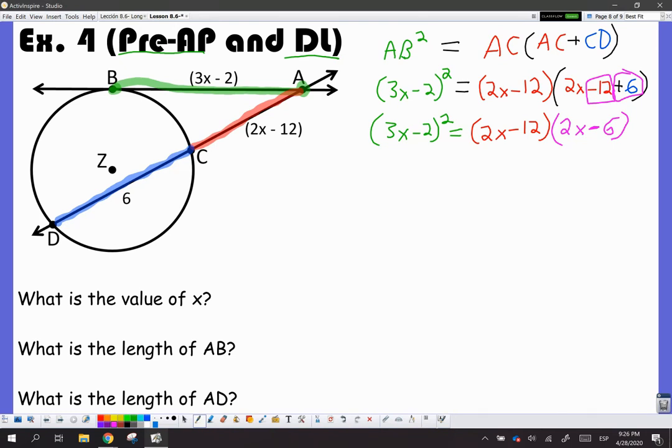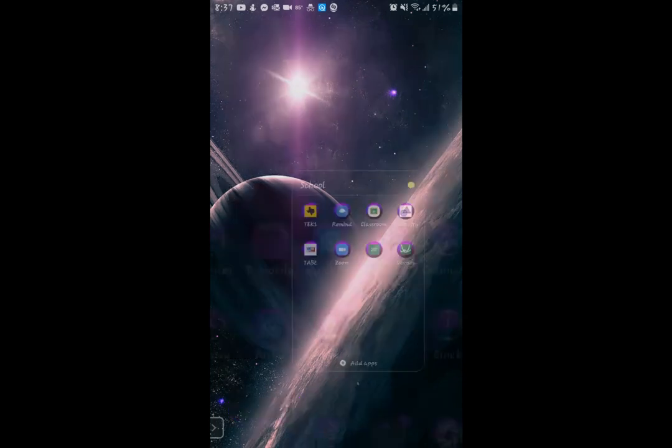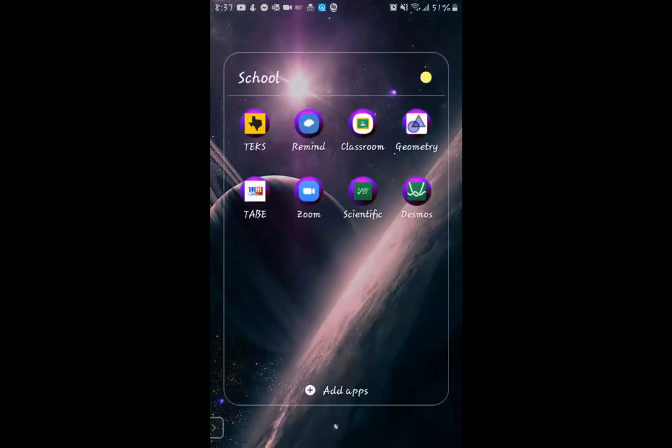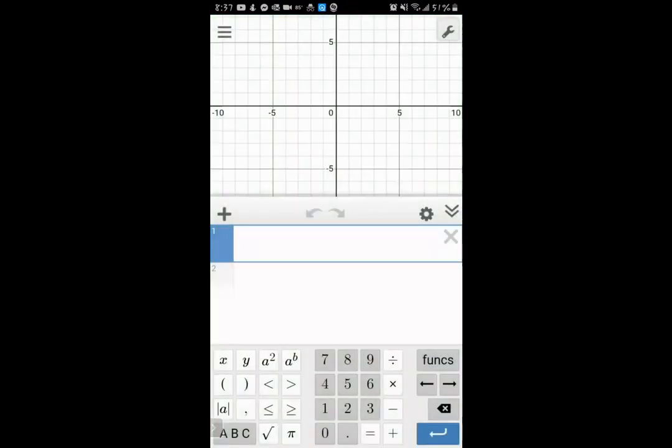But I'm going to show you on my phone now how you can just factor this on a calculator and where you can get that calculator from. So to find x, using a graphing calculator, well, first I need a graphing calculator, so I'm going to open up my Desmos app here. And you can download this, or you can use the website as well. You can also do it on the computer. It's the same steps on there as well.